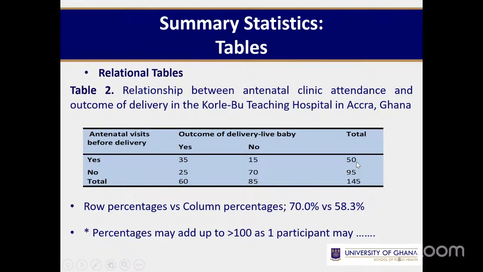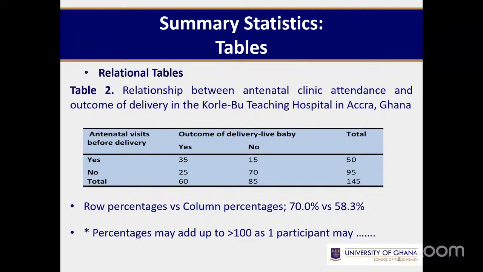Now, in another breath, I can also say out of the 60 babies who were delivered live, 58.3% of their mothers attended ANC. Is that also correct? Yes, that's also very correct. Good.